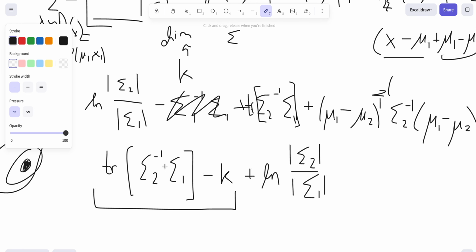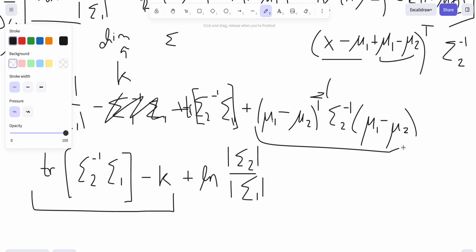So here we're taking the ratio of the two variances and taking the trace of it, and here we're taking the natural log of the two determinants. And then this is something called the Mahalanobis metric, which describes how far apart two different probability distributions are by taking the difference between the two means and multiplying it by the variance of the distribution. It is just a metric used to define the distance between two different probability distributions.